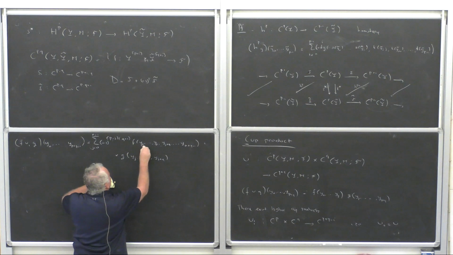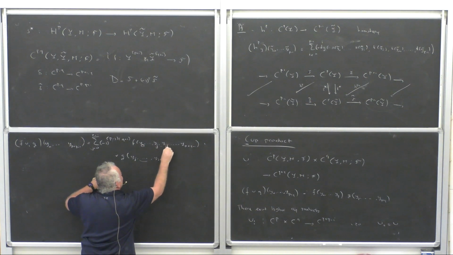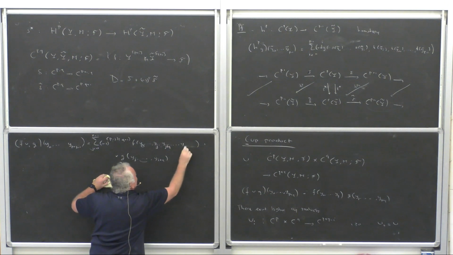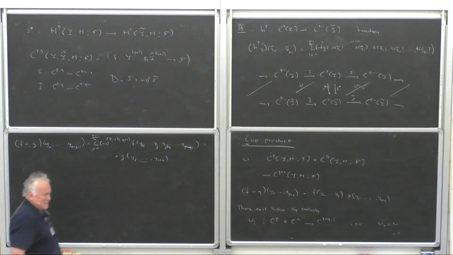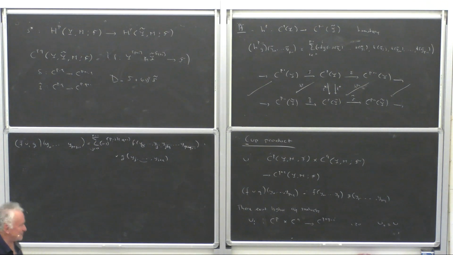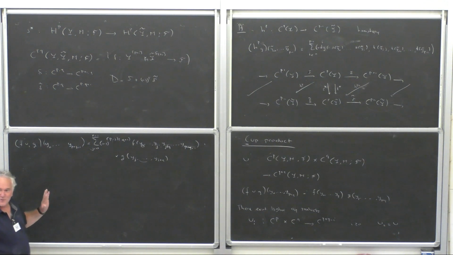Okay. The specific formula doesn't matter all that much. You can look it up in the notes if you want. I just want to throw this at you to show you that it's not a simple formula.